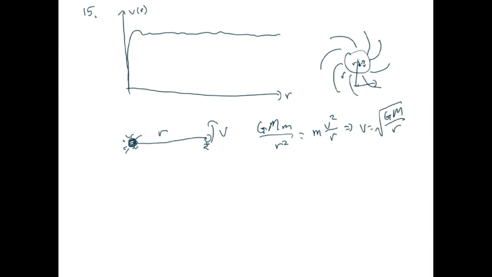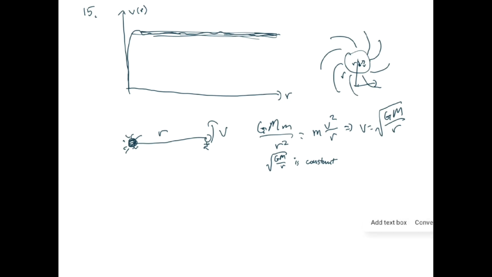Now let's look at what our graph is showing us here. Basically, in our graph, the velocity is pretty much constant throughout most of the graph. So this means that square root of GM over r is constant. G is our gravitational constant.